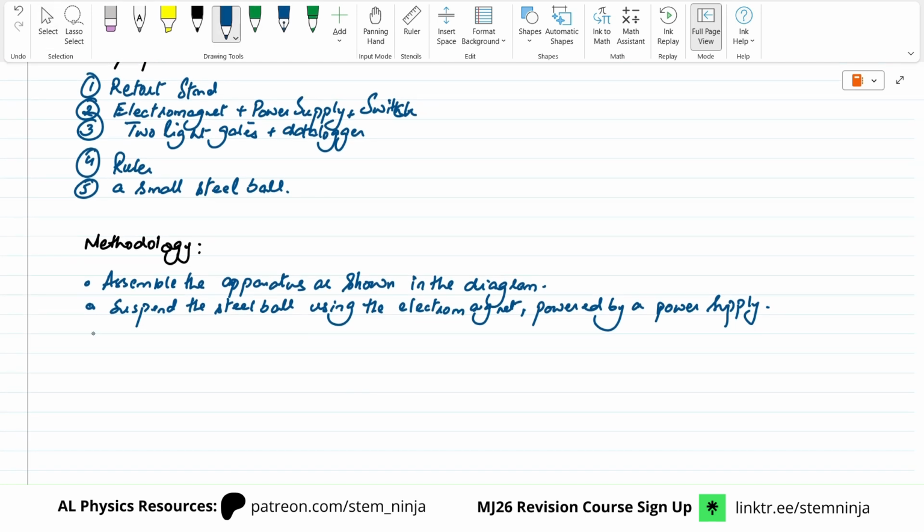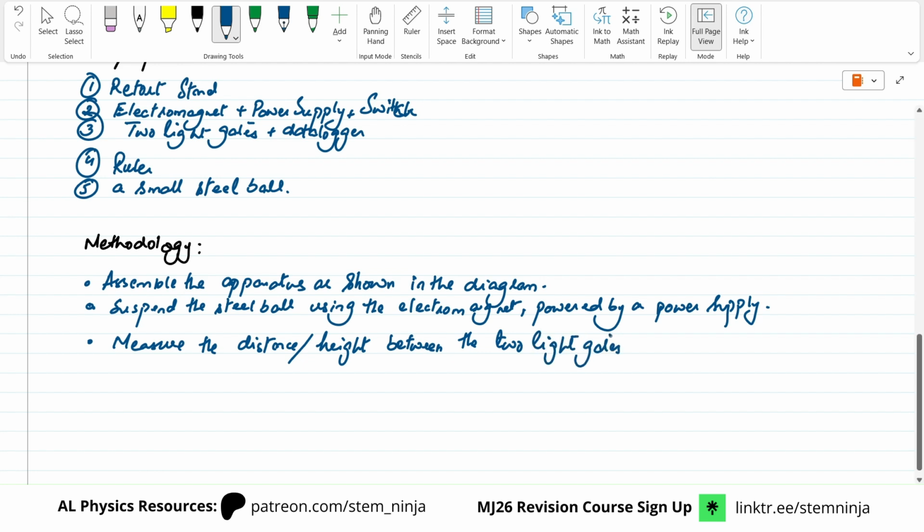Then what do we need? We need to measure the distance or height between the two light gates using a meter rule.